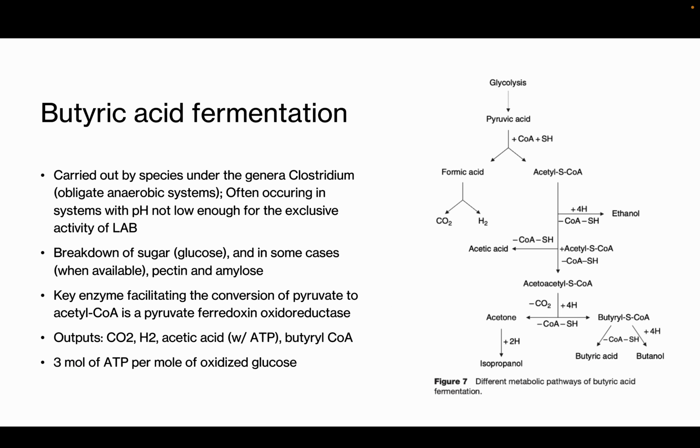We also have butyric acid fermentation carried out by species under the genus Clostridium, which are anaerobic microbial species. They often occur in systems with pH that is not low enough for the exclusive activity of lactic acid bacteria.